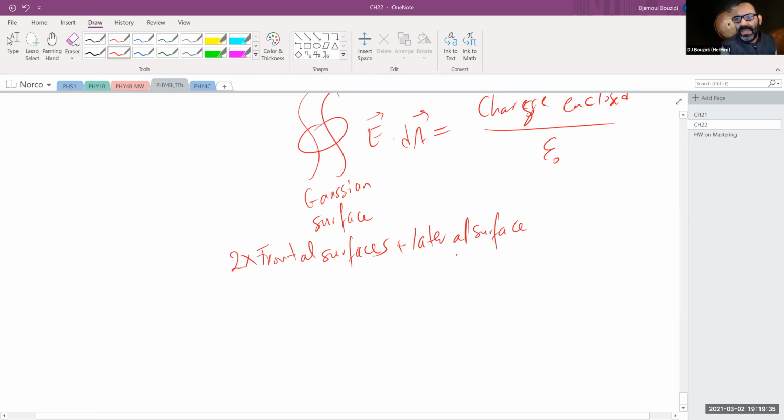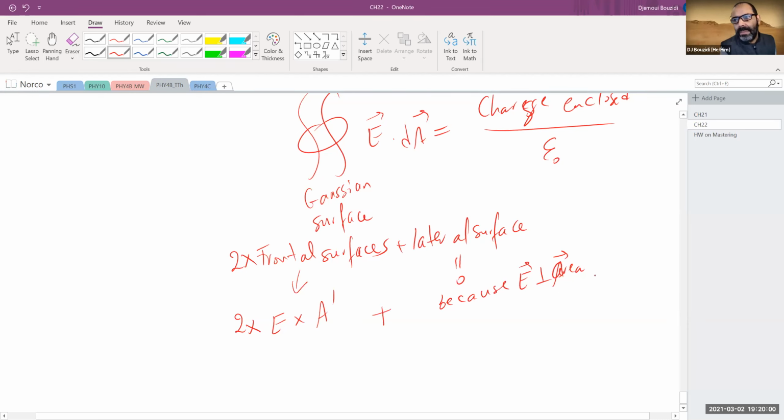The lateral surface is going to give me 0 because E and the lateral area are perpendicular. In this case, they are parallel, so it's going to give me 2. I'm going to take any of them, it doesn't matter. The electric field is the same throughout that area times the area itself, which is A prime. So 0 plus this number must be equal to the charge enclosed.